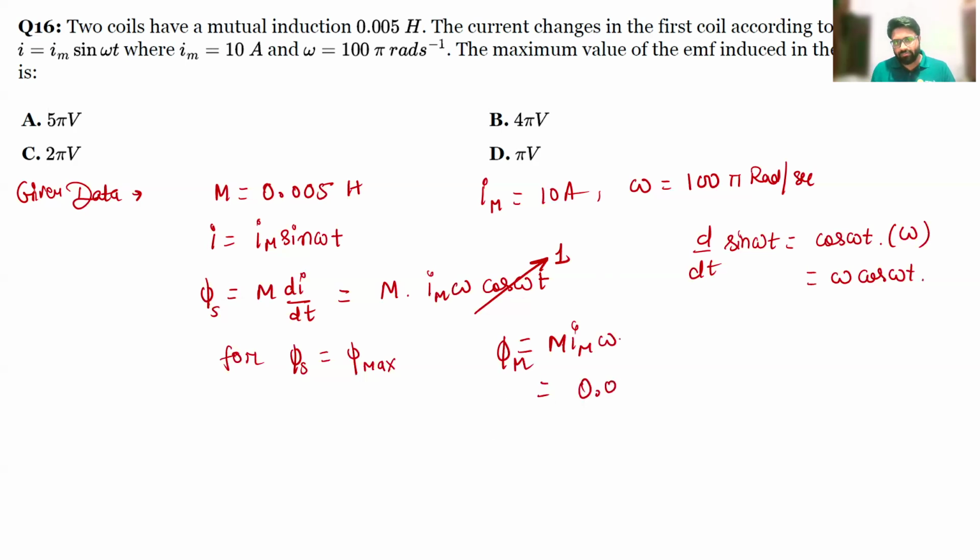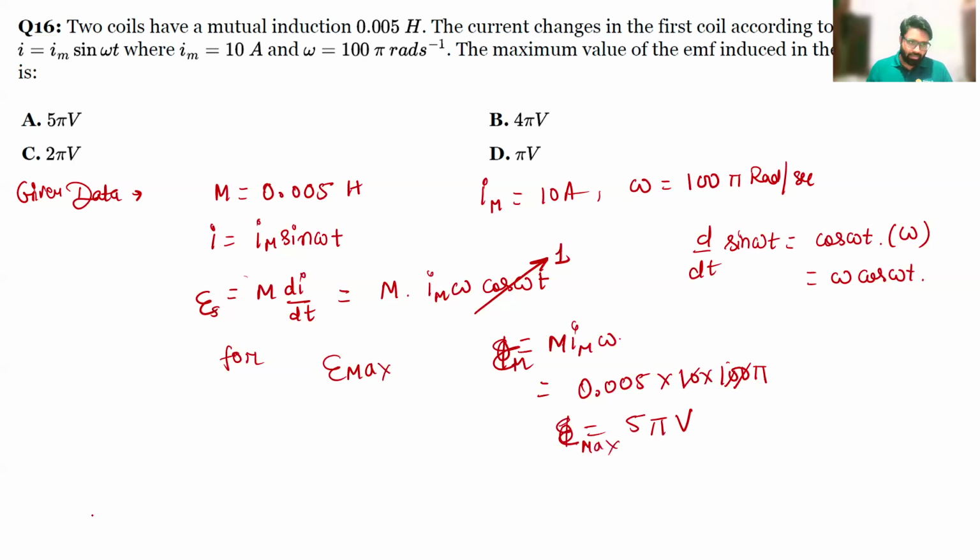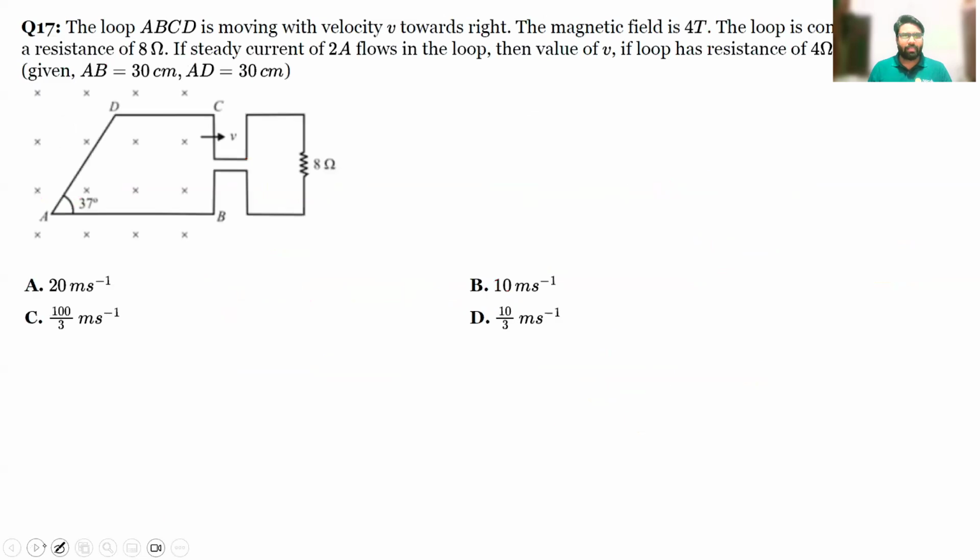This is 0.005, Im is 10, and this is 100 pi. So the zeros cancel out, and it will become 5 pi volt. Sorry, this is the EMF induced, not phi. This is Emax. Okay, move on to the next question. This one.